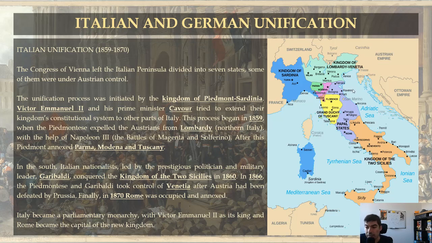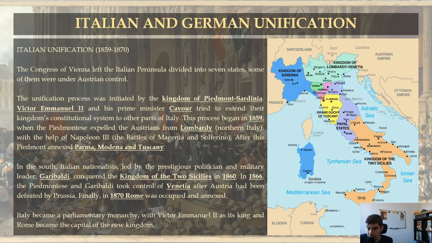And finally, the last state left for completing the Italian unification was the Papal States, this time only limited to Rome, and they conquered it in the year 1870. Finally, Italy became a parliamentary monarchy with Victor Emmanuel II as the king, and its capital was located in Rome after its conquest.